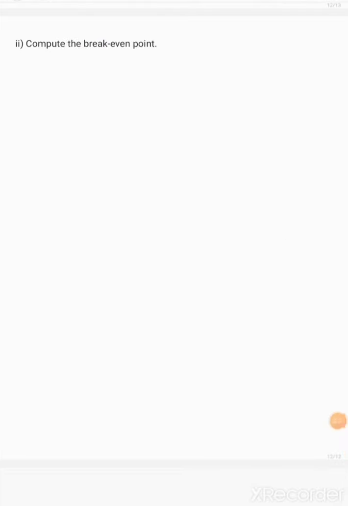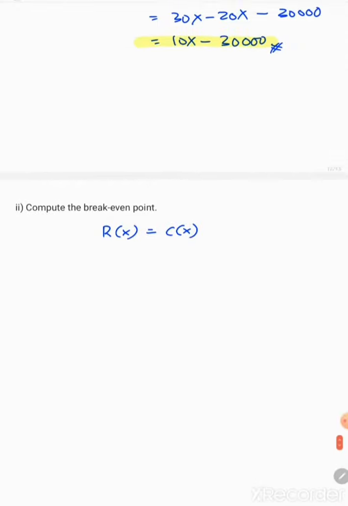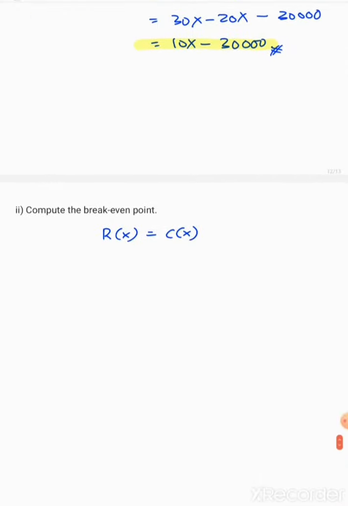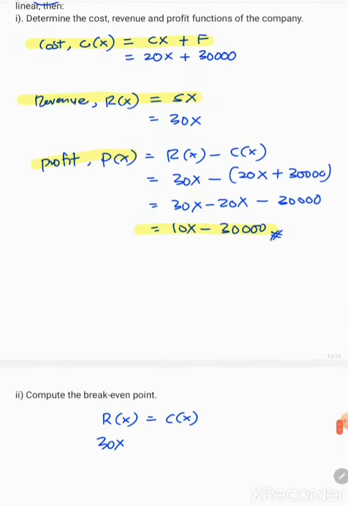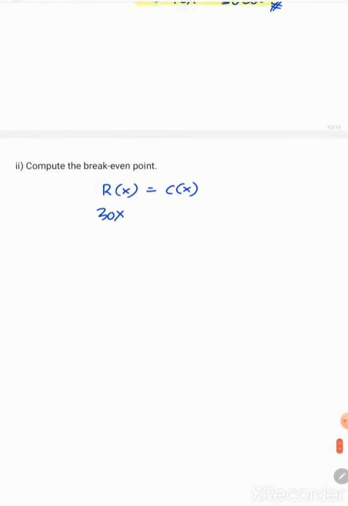Question number 2, compute the break-even point. You have to remember the formula for the break-even: Rx equal to Cx. This is also known as the intersection point between two lines. To solve this, you have to substitute the functions. Just now we got 30x for R, and for C, C equal to 20x plus 30,000.